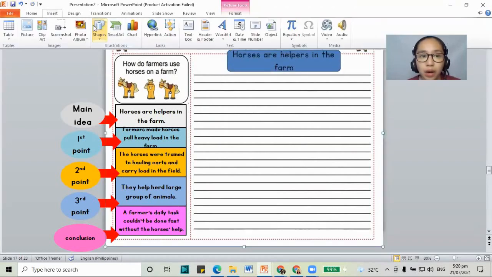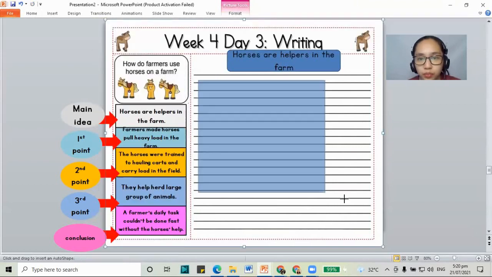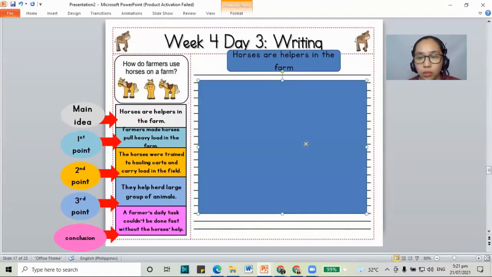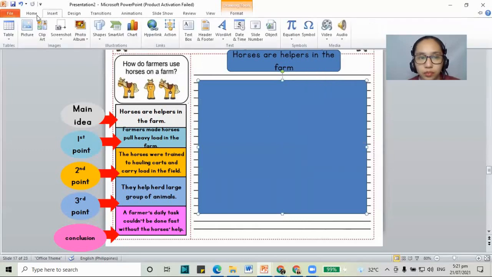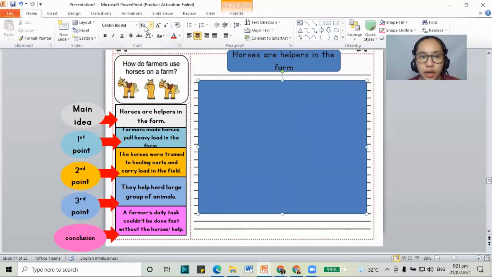Now, how about for our sentence here? Let's try to make our sentence. Remember, the sentence should have an indentation, a space. The first sentence, there's a space. And sometimes the main idea is the first sentence.